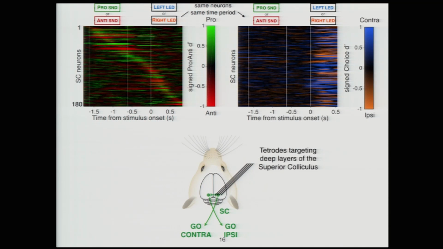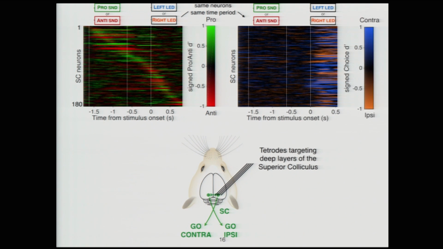You can take those very same neurons and now color code them according to whether their firing rate is bigger if the animal is eventually going to move to the same side as the side that the electrode was in, the ipsilateral side, or to the contralateral side. And we find something similar. There's a lot of information. Once that target light comes on, once the side LED comes on, there's a lot of information in the superior colliculus as to which way the animal is going to move.